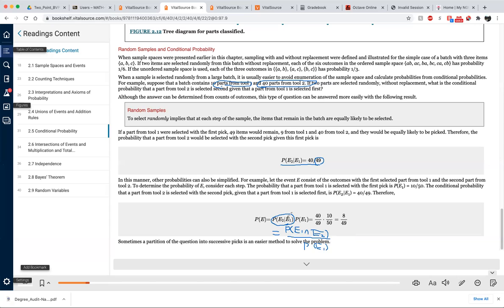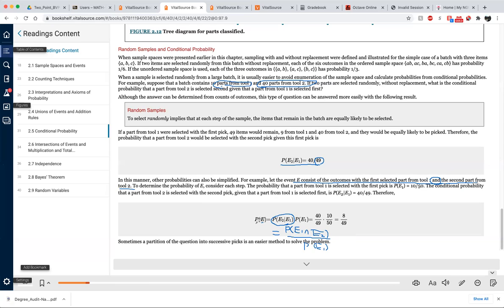So that conditional probability times P of E1 is nothing but P of E1 intersection E2. What is the event E? Event E consists of outcomes with the first selected part from tool 1 and, intersection, the second part from tool 2.